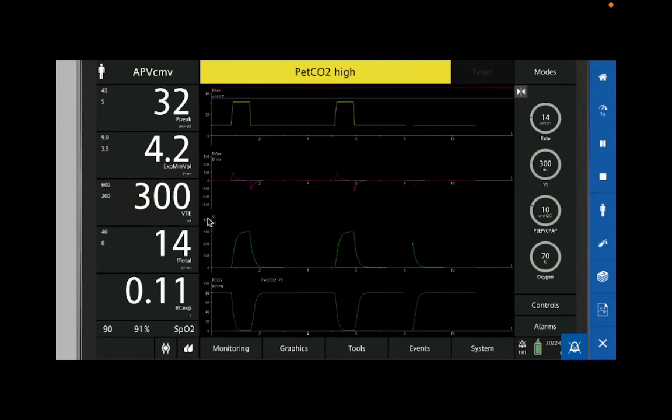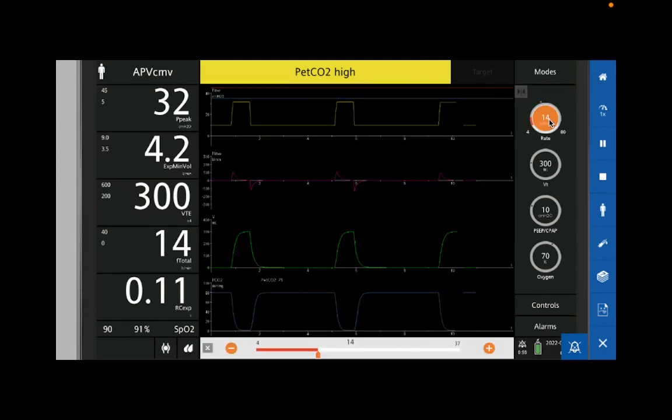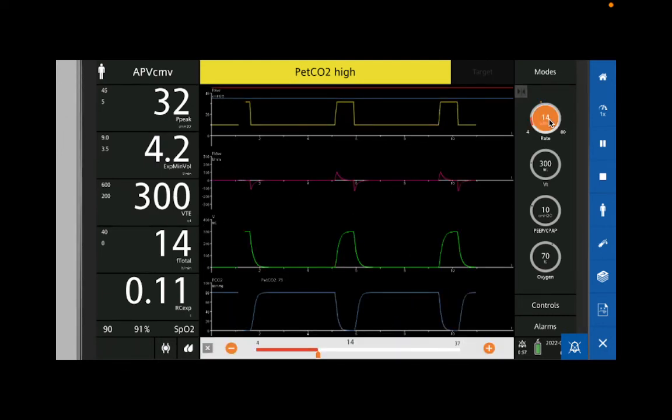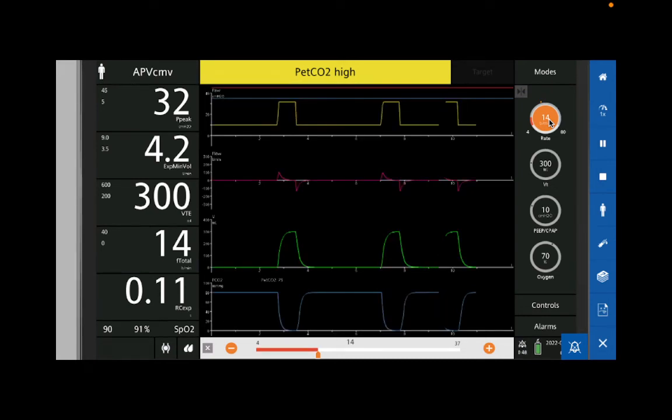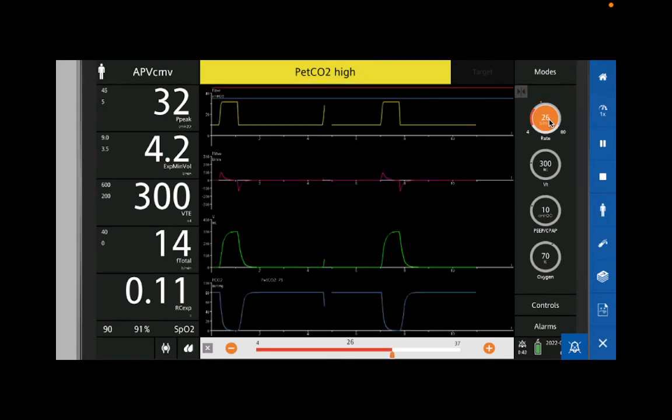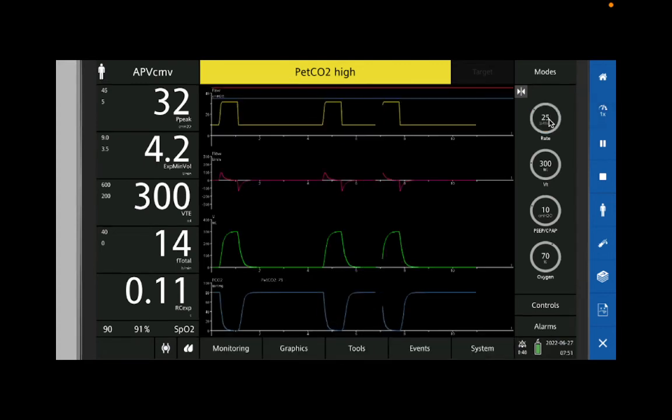So what should we increase his rate to? I don't like 16. 16's like nothing. Let's give me a better number. 20? Probably 24, 25. All right.